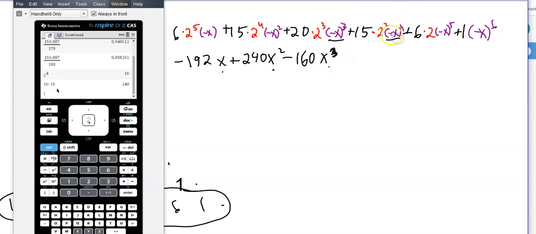This is a negative to an even power, so that's going to be positive. 15 times 4, I think it's 60, x to the fourth. And then this is a negative to an odd power, so it's going to be negative. 6 times 2 is 12, so 12x to the fifth, plus x to the sixth.